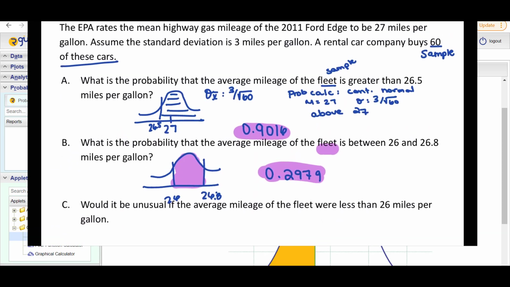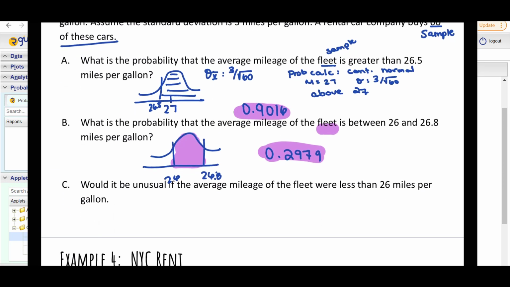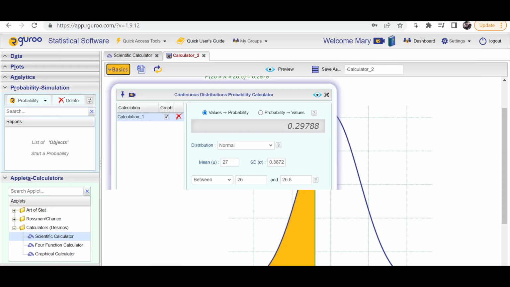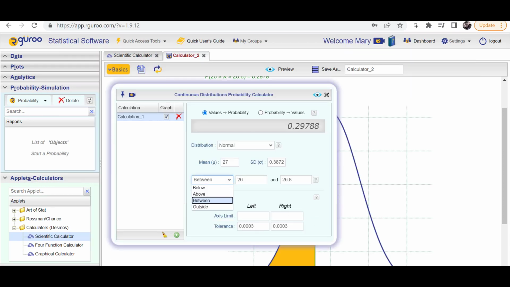All right, so would it be unusual if the average mileage of the fleet were less than 26 per gallon? So unusual means we need to find the probability and check that it's less than 0.05. So we're going to do the same thing, but we're going to choose below 26. I'm just going to go to basics and hit below because I don't need to change the mean or the standard deviation here. All of that's the same.